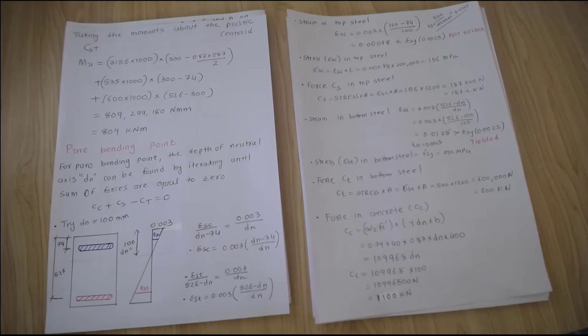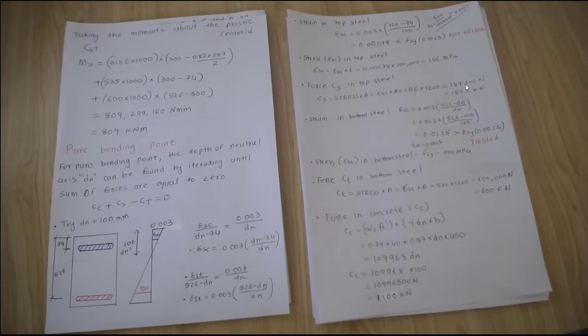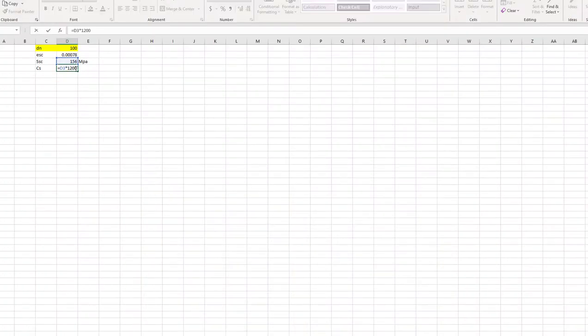So let's put Cs as the force in the steel, equal to this stress times the area 1200. So that is 187,200. Let's divide by 1000 to get it into kilonewtons. So this is in kilonewtons. Let's put this in red because we are going to use it over and over.